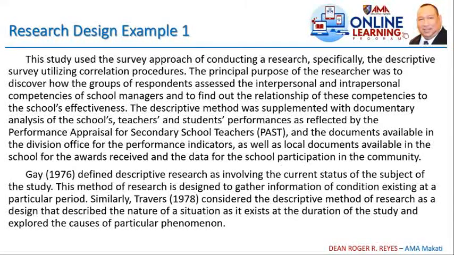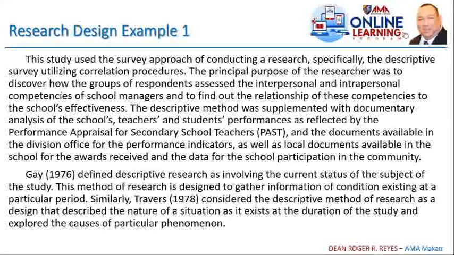According to Gay 1976, again, proper citation. Gay is the researcher or the theorist, 1976, when he published his work. Gay 1976 defined descriptive research as involving the current status of the subject of the study. This method of research is designed to gather information on conditions existing at a particular period. Again, similarly, meron naman tayong kinote na researcher.